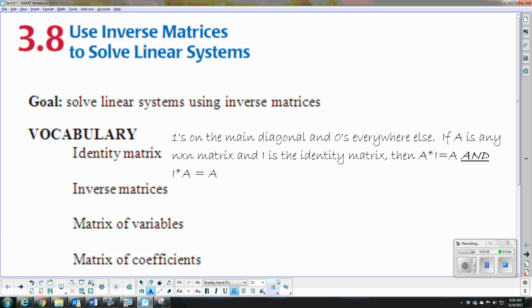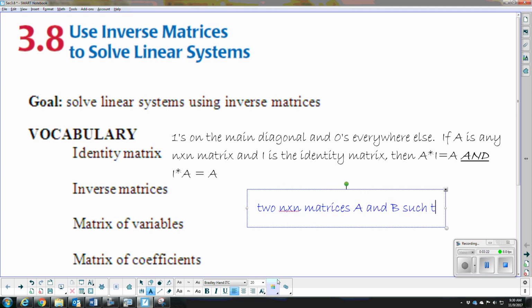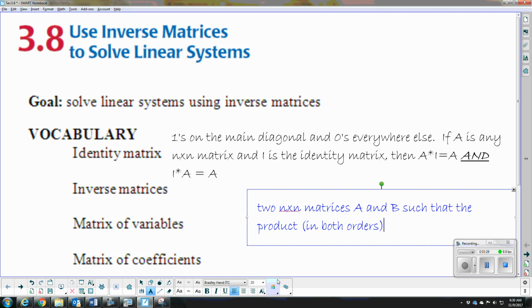So with the inverse of matrices, we have two n by n matrices, again meaning we have the same number of rows as we do columns, two n by n matrices, A and B, such that the product, and again this is in both orders, the identity matrix. Sorry.